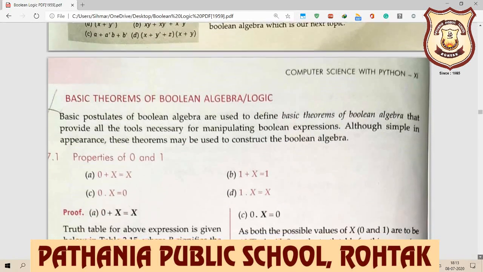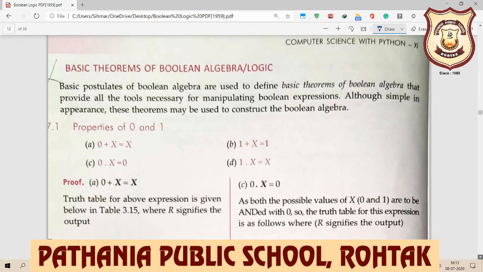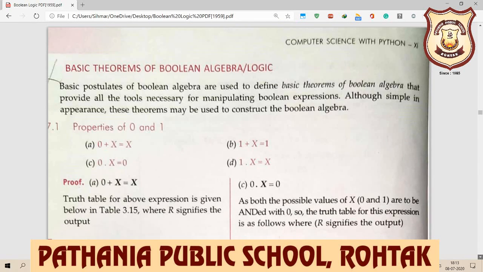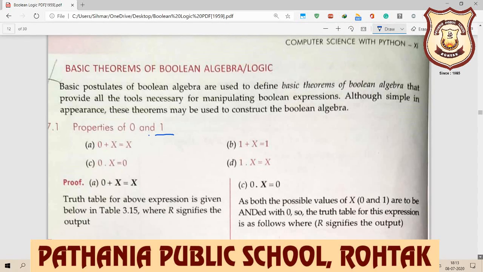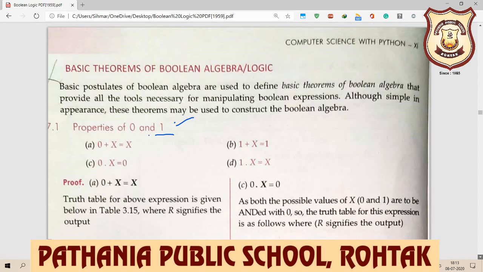After that, the most important part of Boolean logic is the basic terms of Boolean algebra, and these are the basic laws. We already learned the properties of 0 and 1 law.